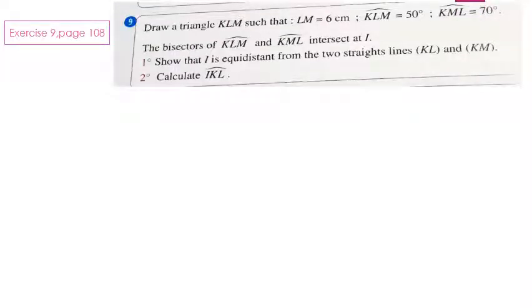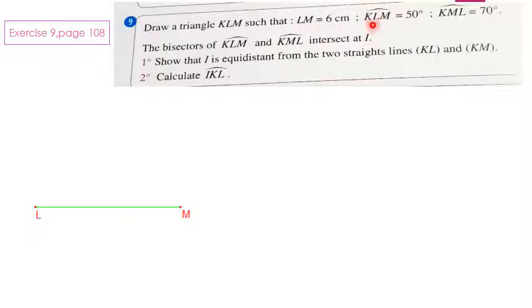Today we will solve exercise 9, page 108. The question is, draw a triangle KLM such that LM equals 6 cm, angle KLM equals 50 degrees, and angle KML equals 70 degrees. We draw it as we used to draw in grade 6. Start by segment LM, which is 6 cm.